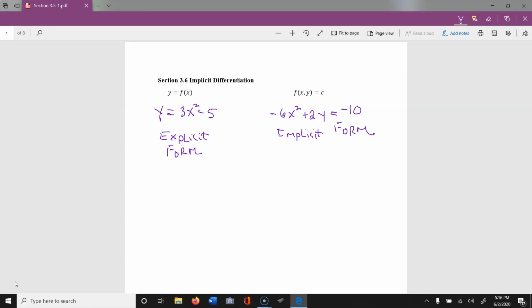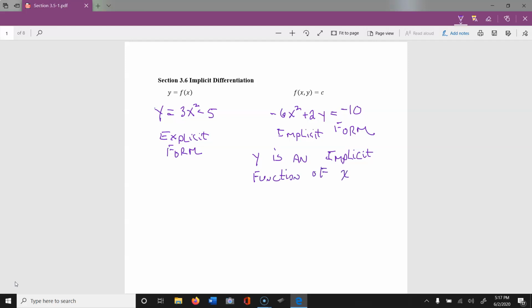Okay, so in fact, if you're of this form, we would write y is an implicit function of x.